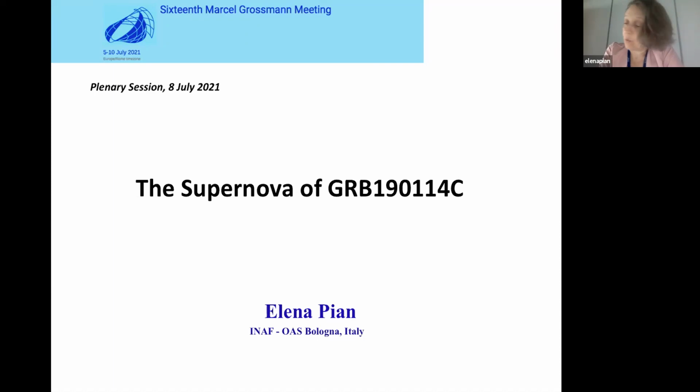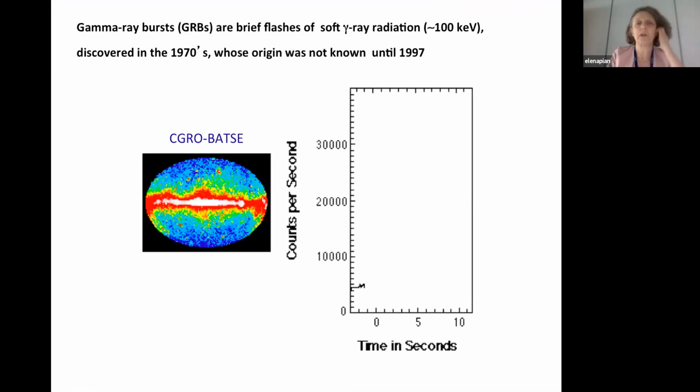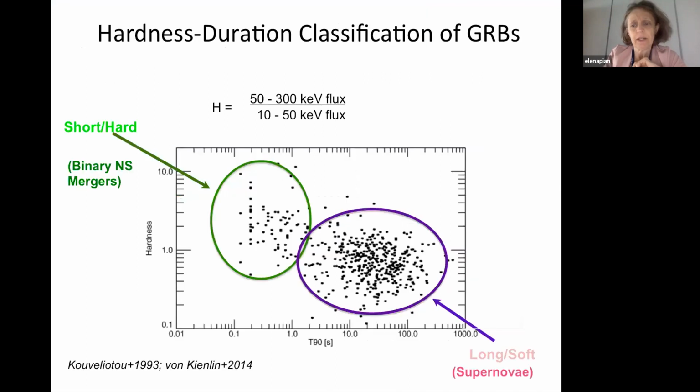So this talk will represent an overview of the state of the art of gamma ray burst supernova connection. And the final part of the talk will expand on this latest very interesting gamma ray burst. So gamma ray bursts, as already introduced by Lorenzo, I will not dwell into this. They are very brief flashes of soft gamma rays whose origin and nature was completely unknown until 1997.